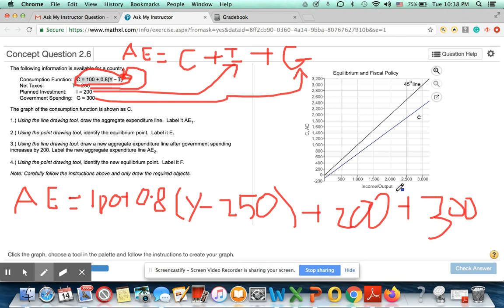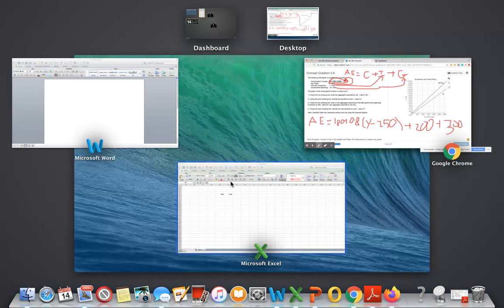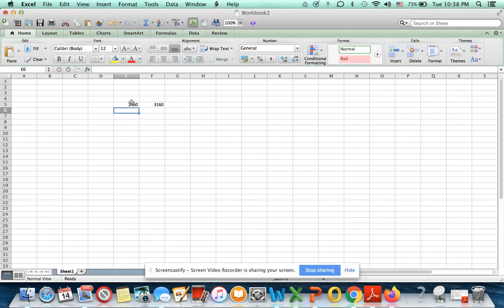So the rest is mechanical. You just pick up two numbers and graph this equation. So we can pick up 0. I like to use Excel for calculations. So let's just do it here.